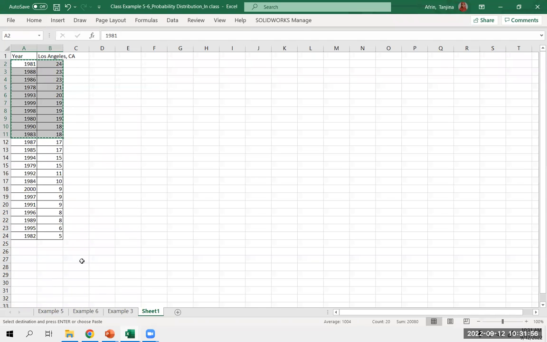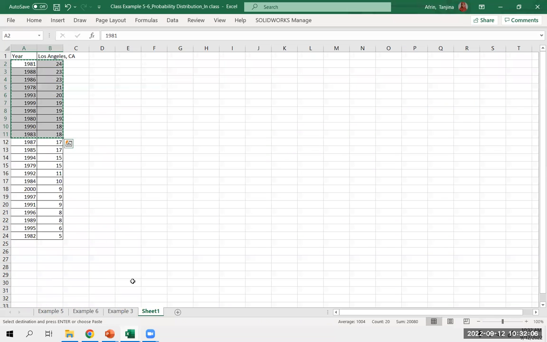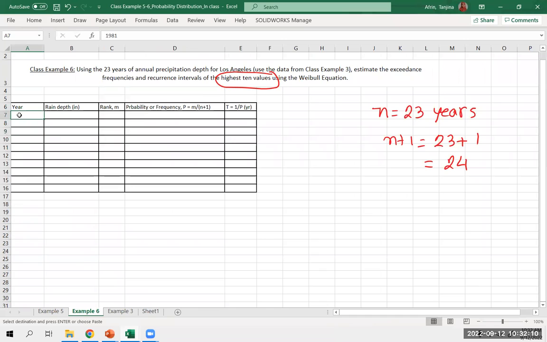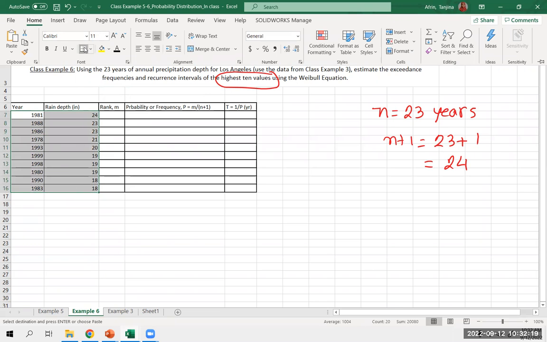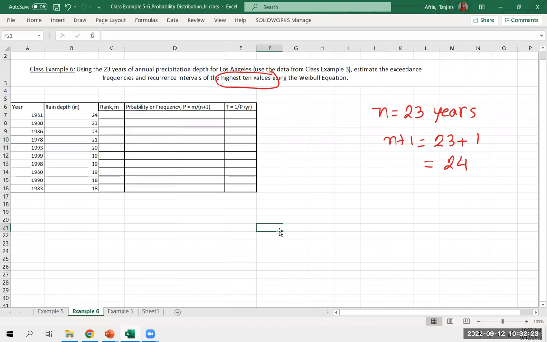I will copy that and paste that here. All of you got the same data set, kind of.